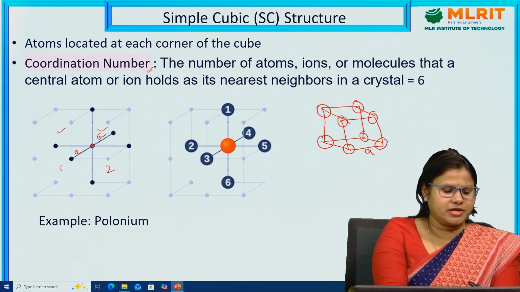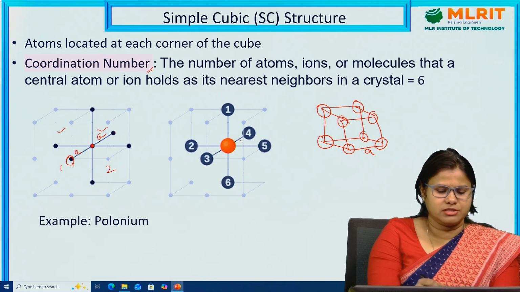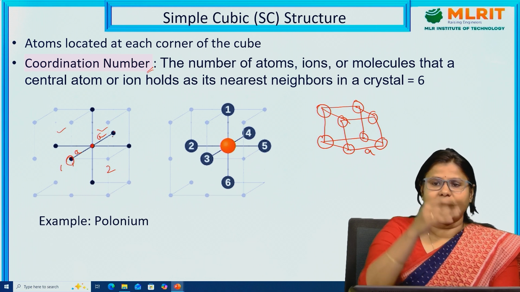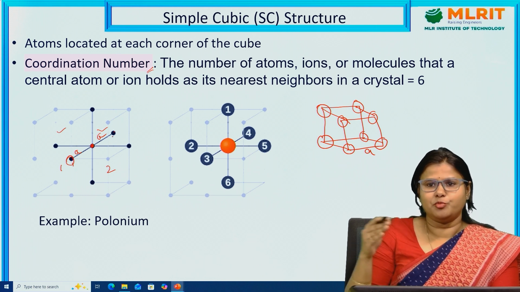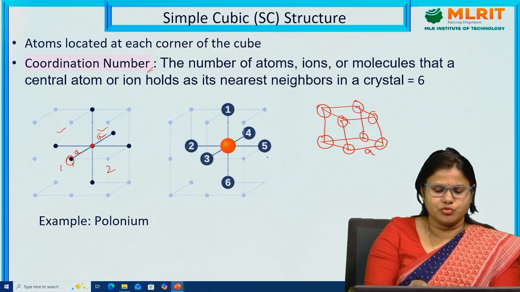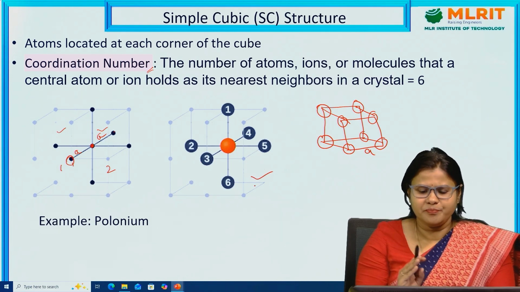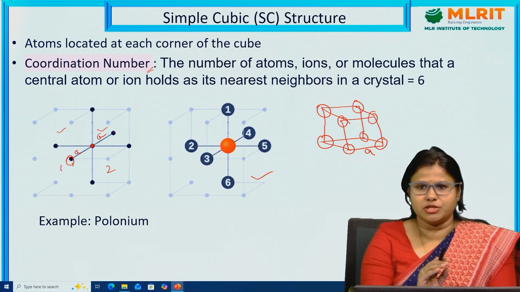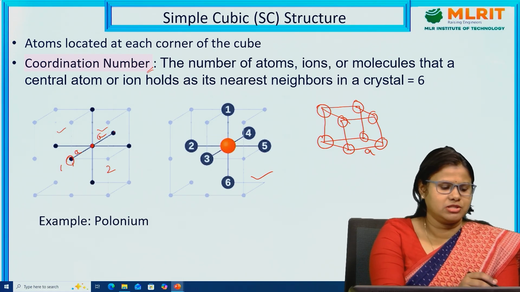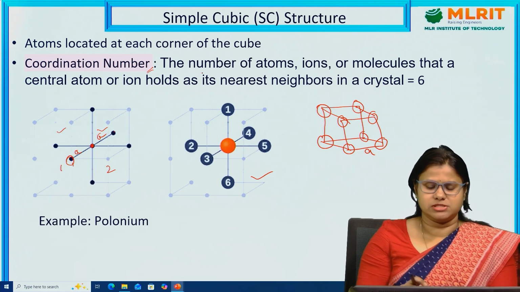For a corner atom, we have 1 atom at the front, 1 at the back, 1 at top, 1 at bottom, 1 at right and 1 at left. So in total we have 6 nearest neighbors for a simple cubic crystal system. That's why the coordination number is 6 here.